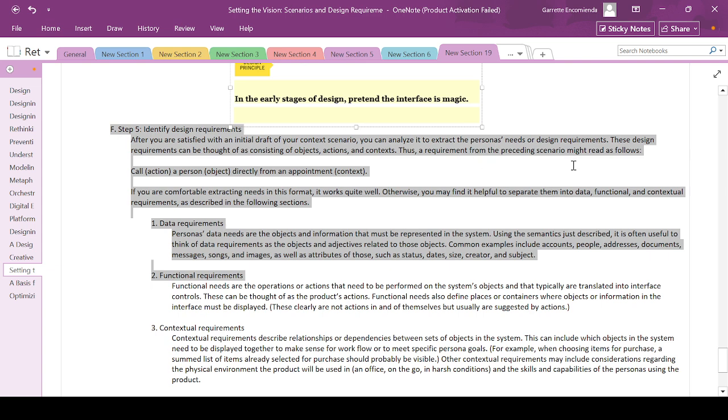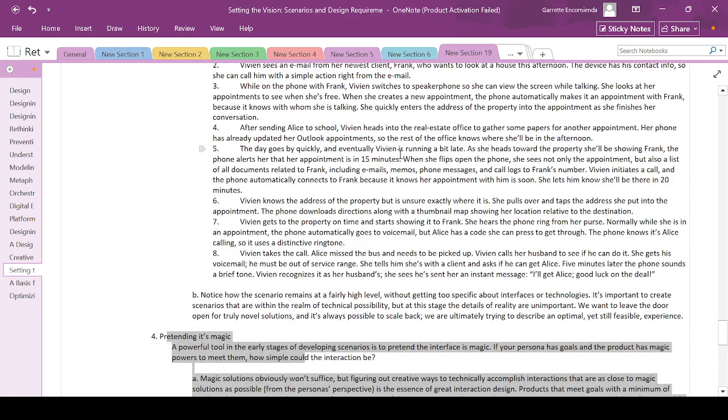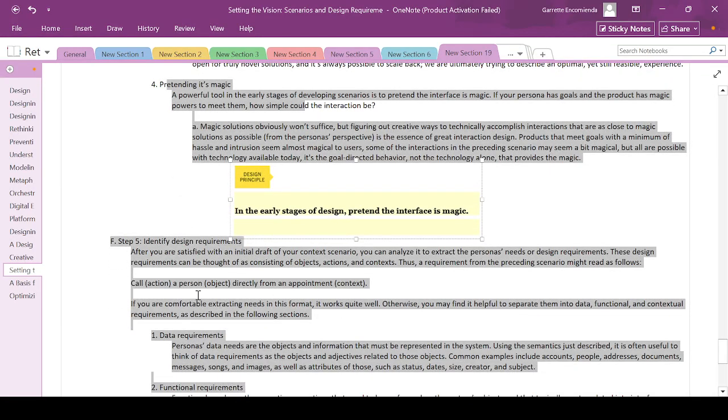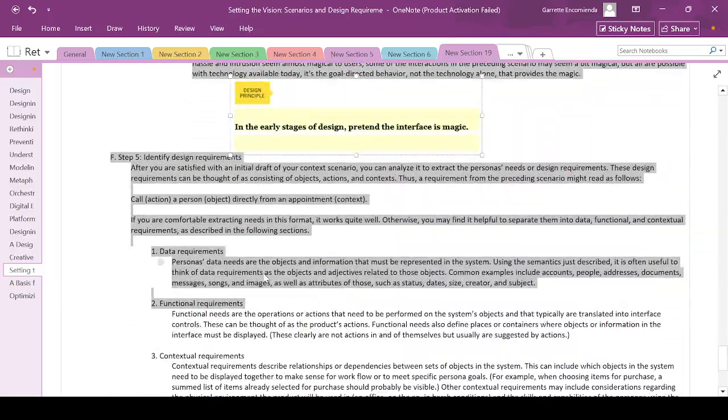Thus, a requirement from the preceding scenario might read as follows: call, which is the action; a person, which is the object, directly from an appointment context. We need to provide an interface feature that will allow the user to call a person or object, or manipulate that object directly from an appointment, which is the context where she was at previously.